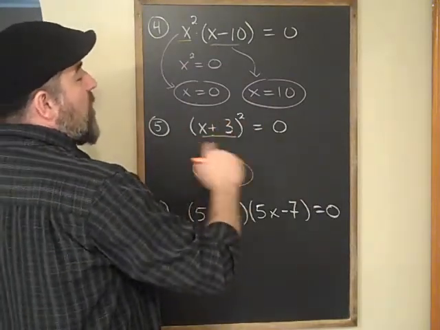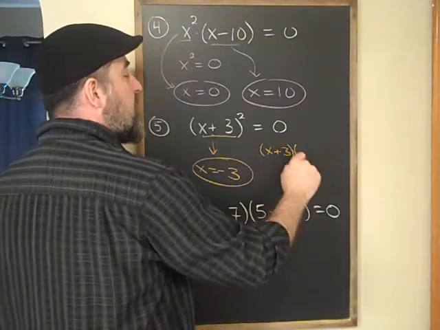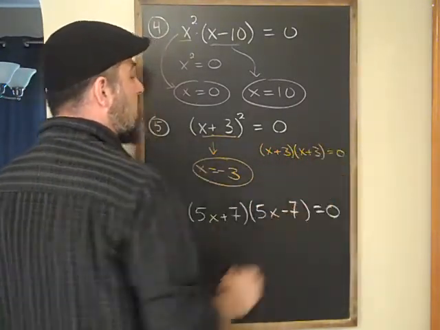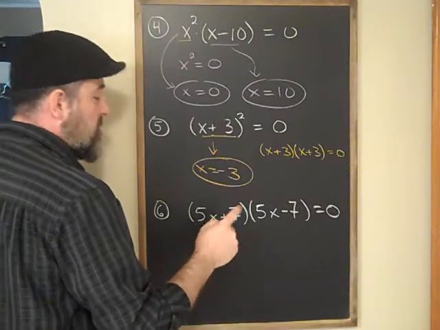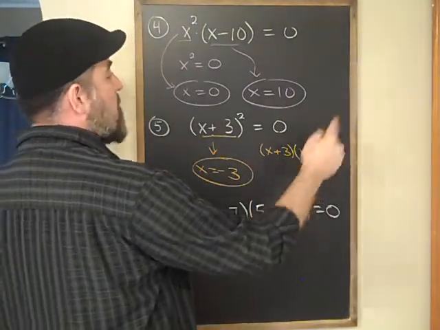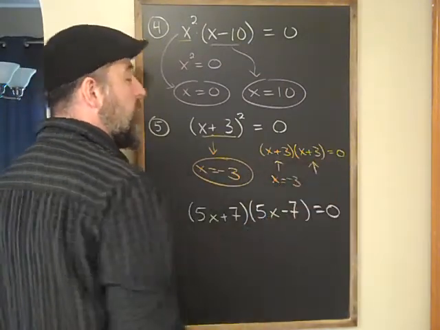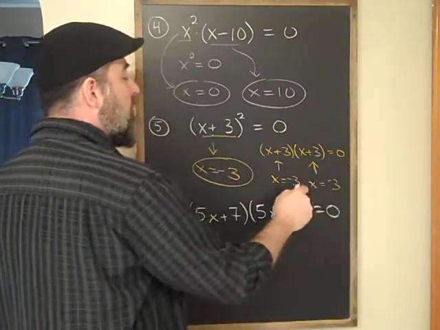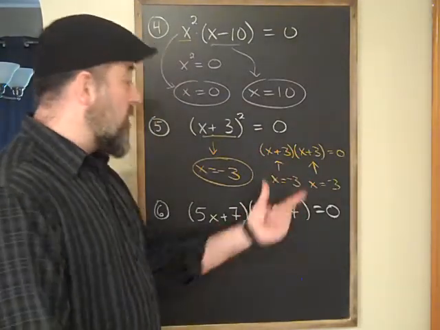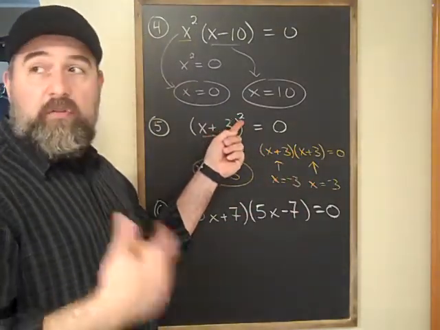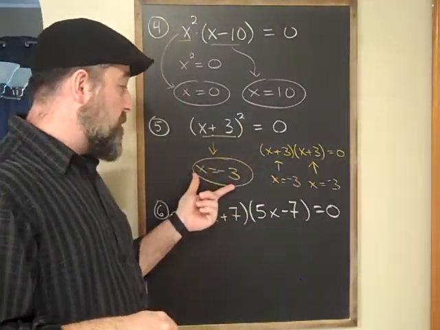If instead of writing this equation as x plus 3 quantity squared equals 0, we wrote it as x plus 3 times x plus 3 equals 0, now it looks like one of those ones we saw in the first three examples where we had a quantity times a quantity equals 0. What makes that factor be 0 is x equals negative 3. What makes that factor be 0 is x equals negative 3. Notice it's the same thing. You're seeing it twice. It's repeated. So if you have an exponent other than 1, it'll generate a solution, a root, that's called a repeated root.